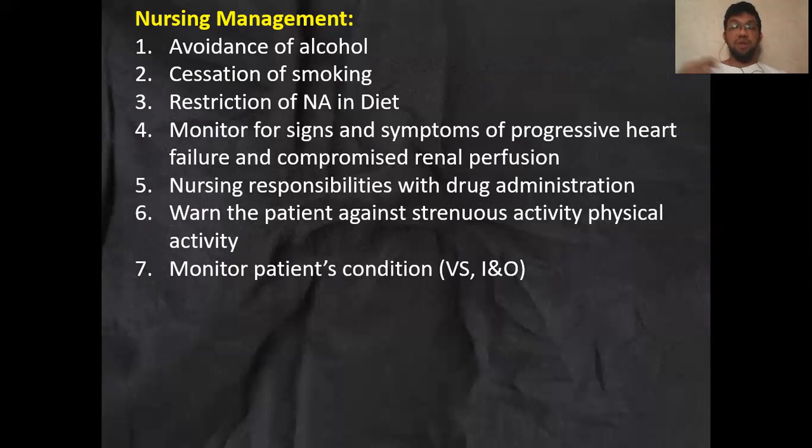If the patient will be given various drugs for heart failure, such as digitalis, we need to know our nursing responsibilities. We need to know when it is toxic. Warn the patient against any strenuous or physical activity. We always need to monitor the patient's condition, such as the vital signs and the intake and output.